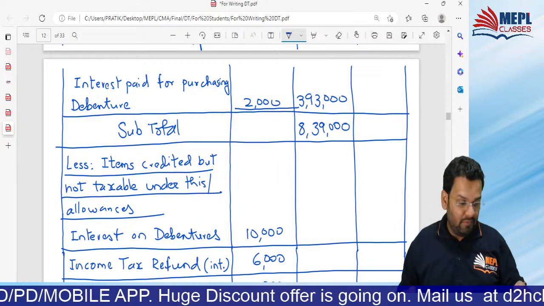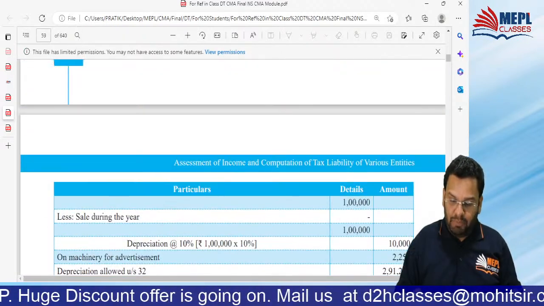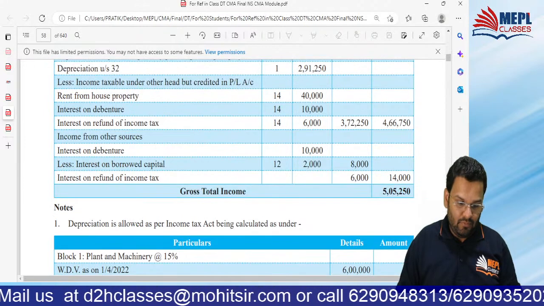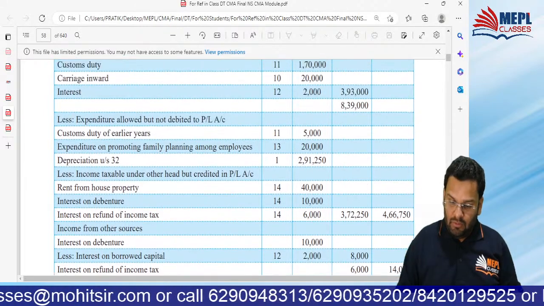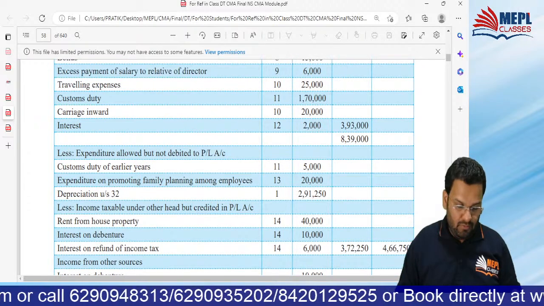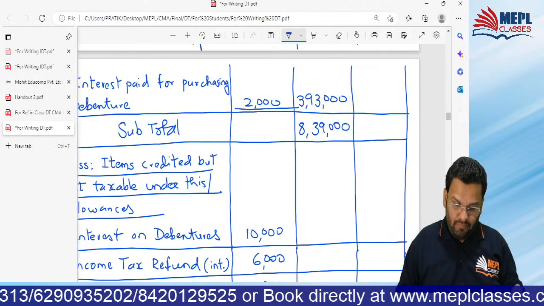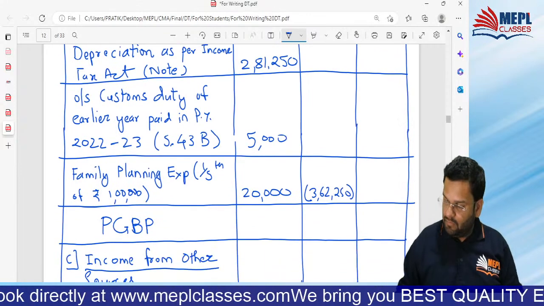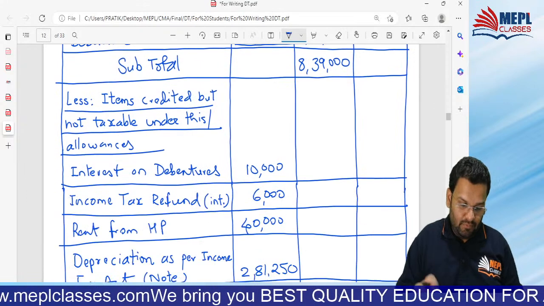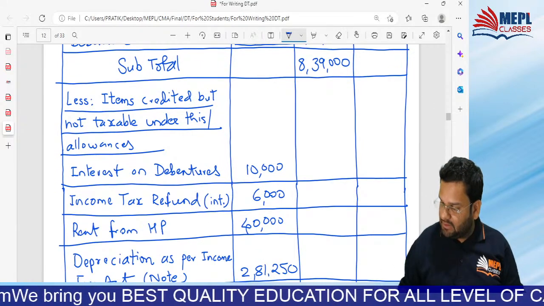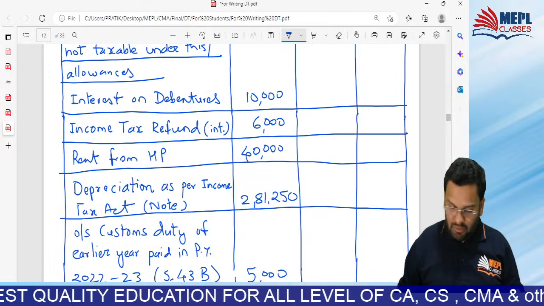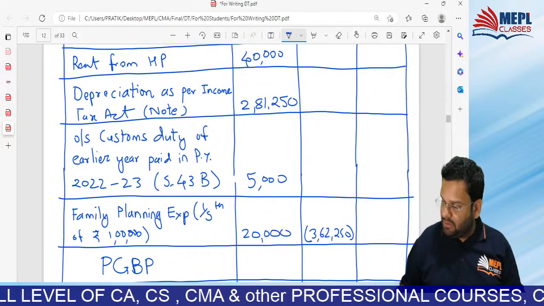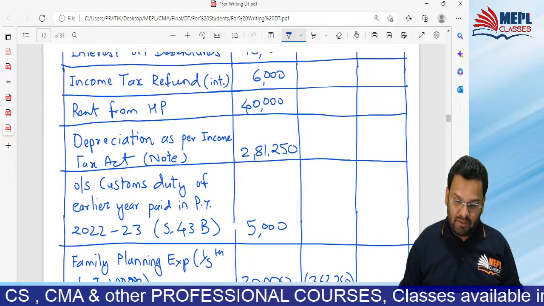Let's check whether you are getting your PGBP at, okay, let us check. 10,000 plus 6,000 plus 40,000 plus 281,250 plus 5,000 plus 20,000. Yes, 362,250.